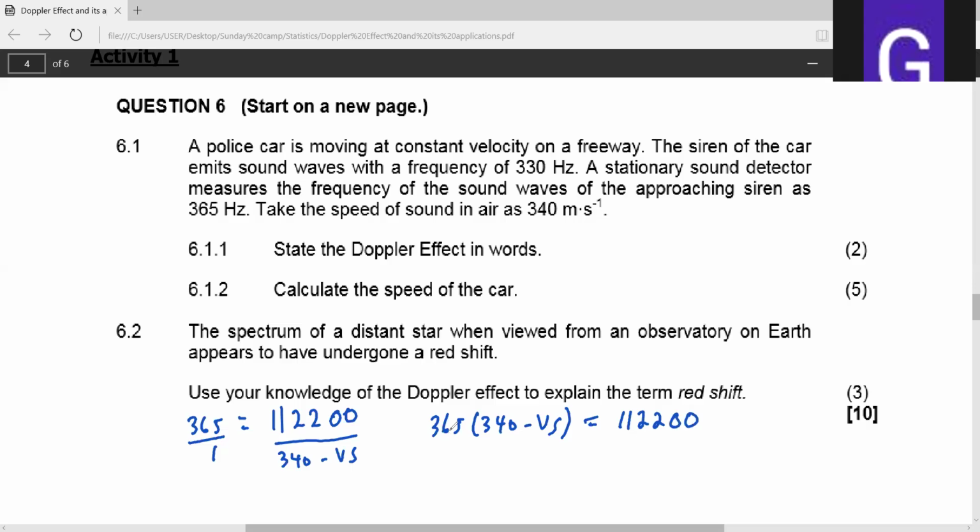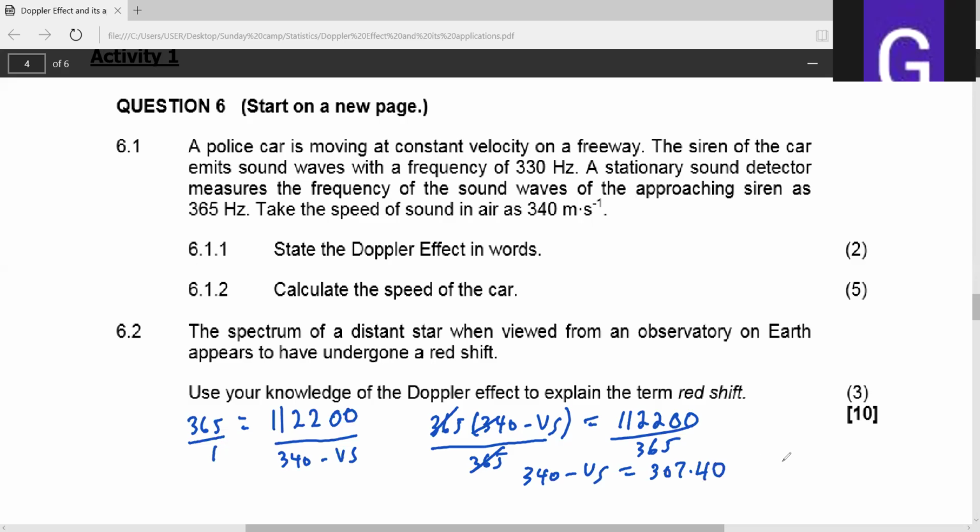This gives us 112200 equals 365 times (340 minus Vs). We can either remove the brackets or divide everything by 365. Let's divide by 365. So 340 minus Vs equals 112200 divided by 365, which gives a value of 307.40.